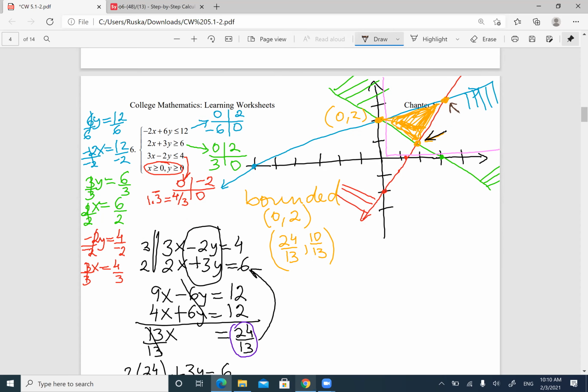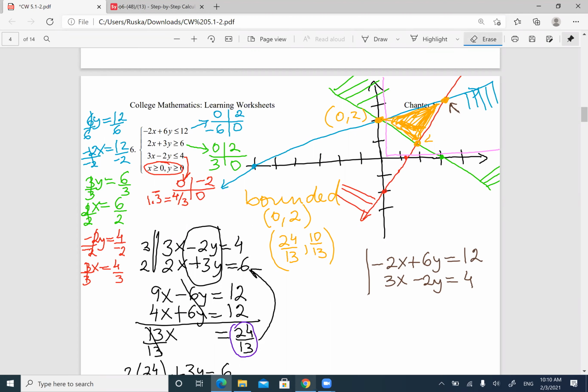The blue line is negative 2x plus 6y equals 12. And the red one is 3x minus 2y equals 4.